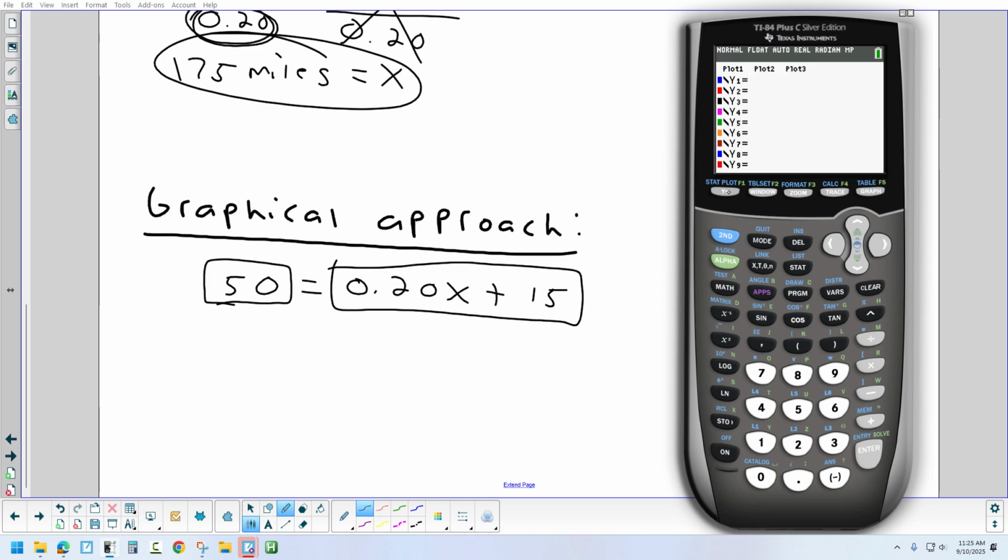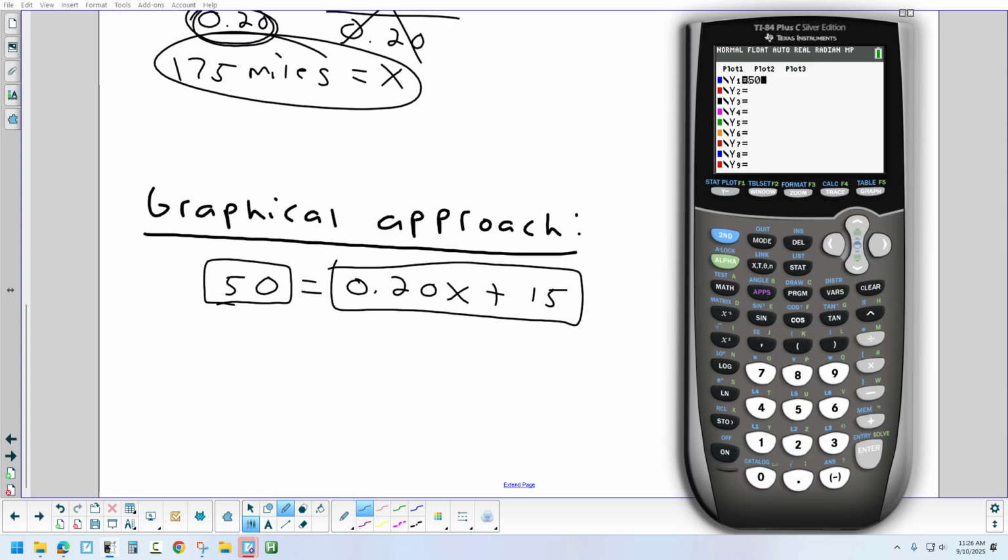And if you have anything already typed in there, we want to clear that out. And we're going to start by putting the left side in the first equation. It doesn't really matter if you put it in the first equation, the second, the third. We just need to put both of those into the calculator on separate lines. Okay, this first one, y equals 50.